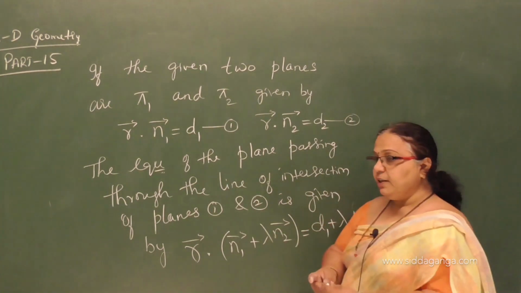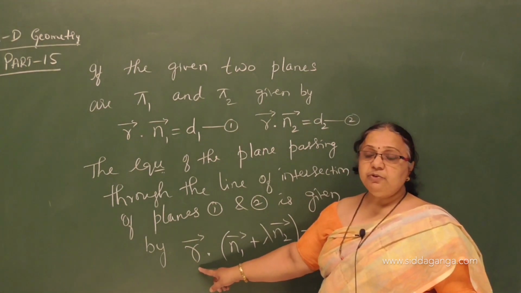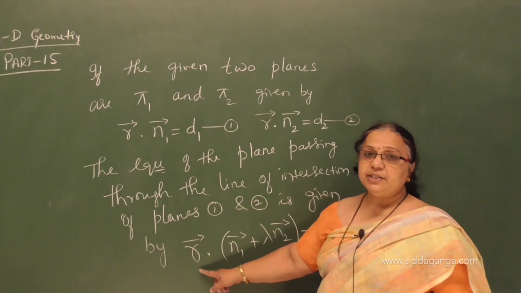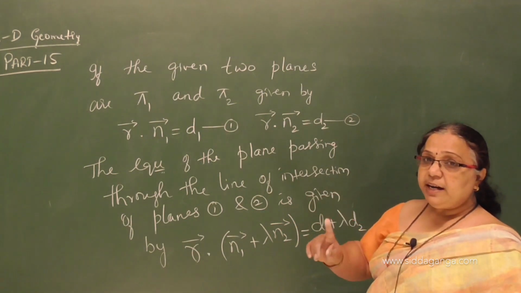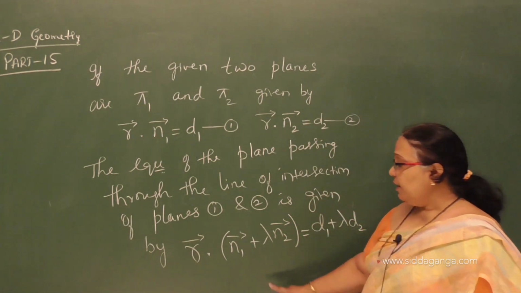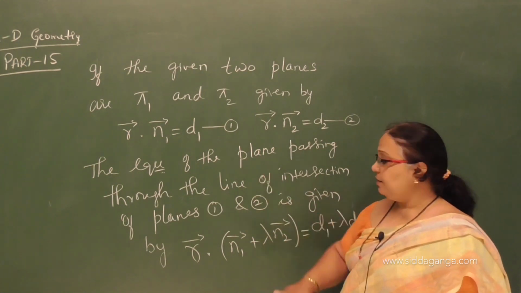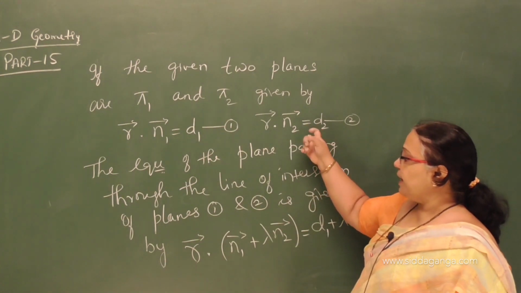Already we know that vector r represents the position vector of the general point whose coordinates are x, y, z. n1 vector and n2 vector are the normals drawn to the first plane and the second plane.